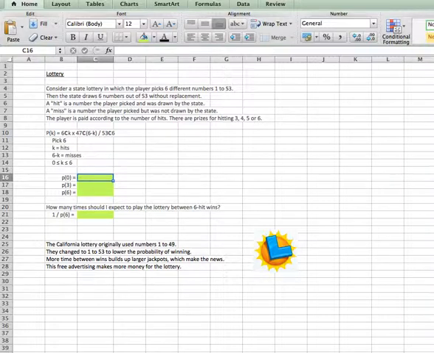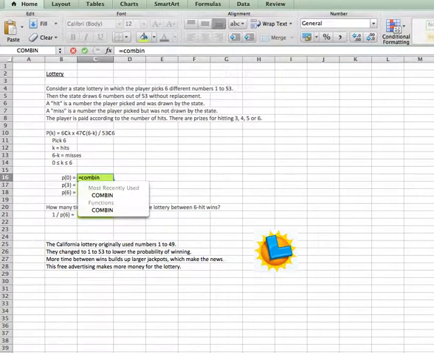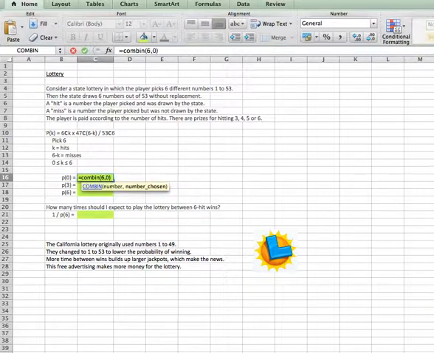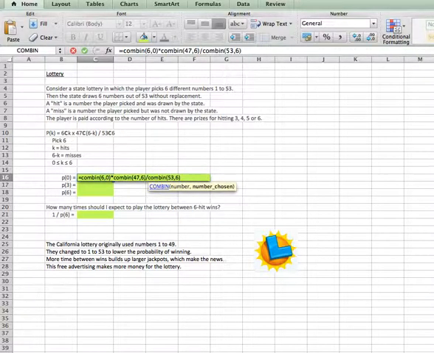So let's begin by calculating the probability of getting none. None of the numbers that we pick were also picked by the state. Well, that's going to equal combine of 6, 0 times combine of 47, 6 divided by combine of 53, 6.